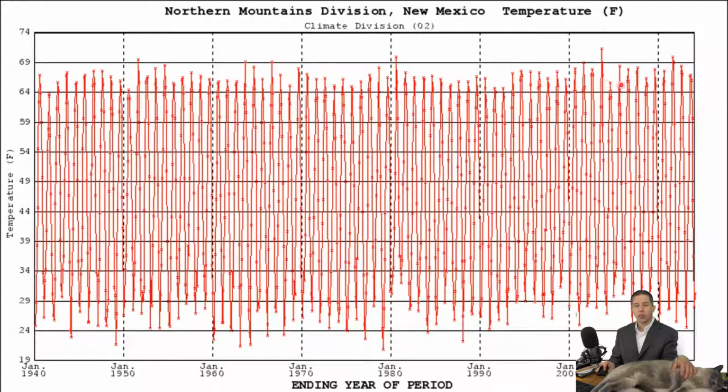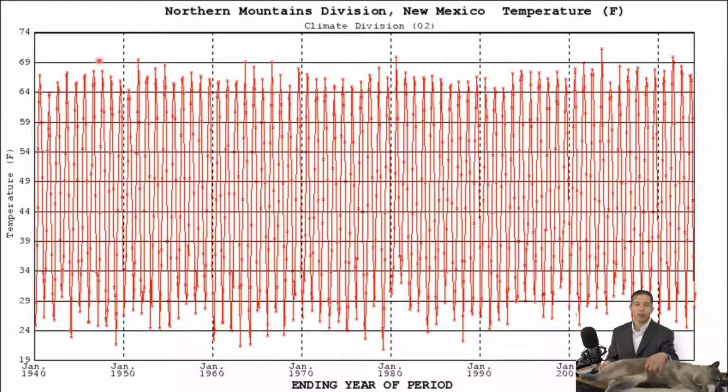And then notice how much closer these recent summers are to that 69-degree line. There's a lot less of that white space in here, and you can see that the number of summers that surpass that 69-degree line maybe isn't that different, but overall they're getting closer and closer to that 69-degree line.